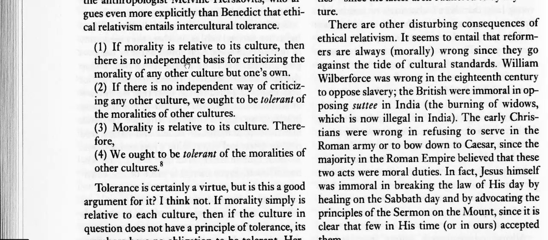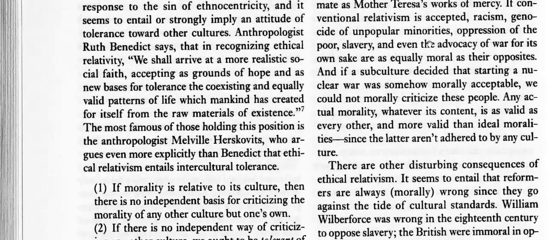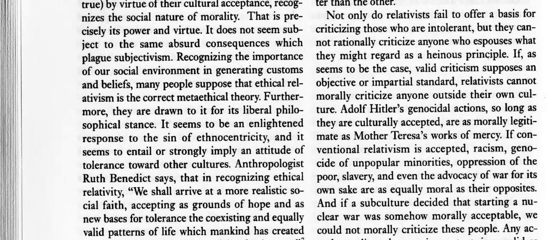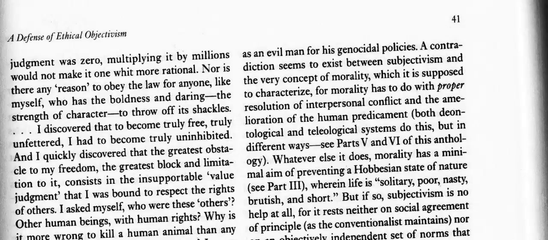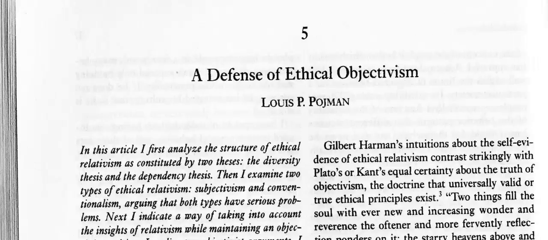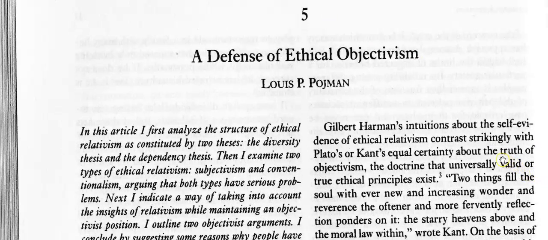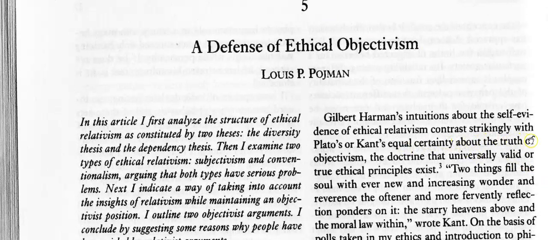That's one way to critique relativism. And the other way was just that objectivity prevails. So if we're thinking of ethical objectivity, easiest answer to what ethical objectivity is right here. The certainty about the truth of objectivism really is, and in this case, ethical objectivism, is the doctrine that universally valid or true ethical principles exist.